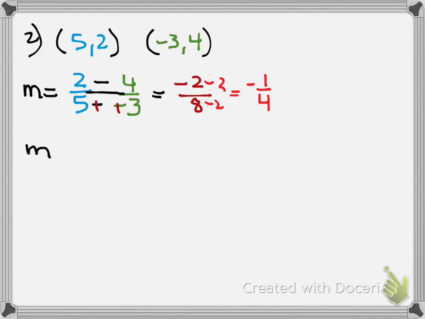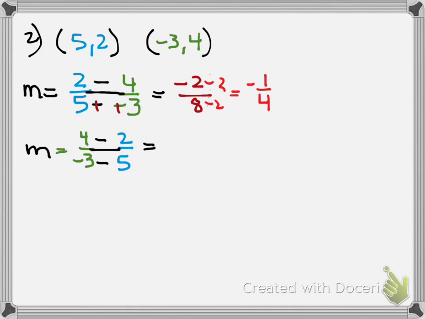Again, I take my ordered pair, the green one this time, and put the y on top and the x on the bottom. I take my first ordered pair, my blue one, and put my y on top, x on the bottom. Then I connect them and subtract them.